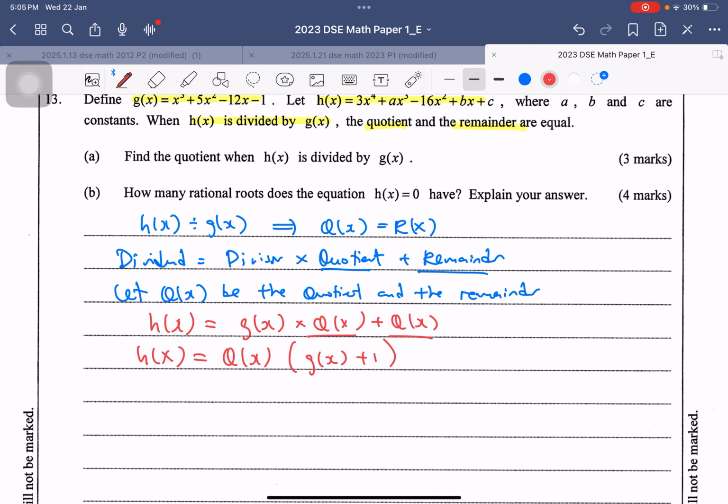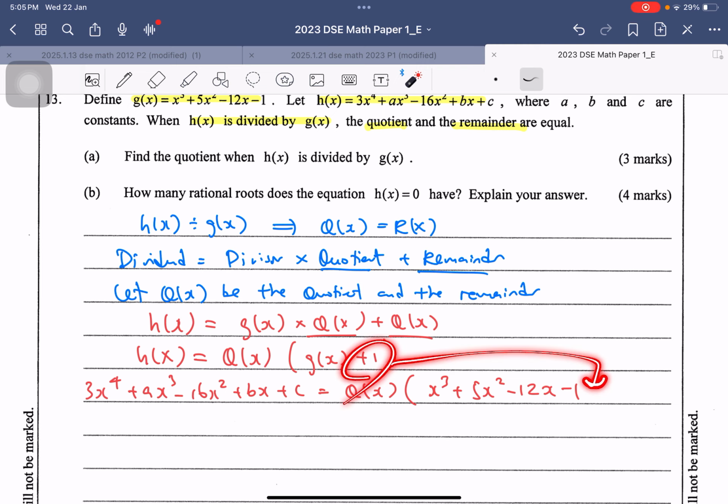Now we can put h(x) and g(x) back. Then we have h(x), which is 3x to the power 4 plus ax cubed minus 16x squared plus bx plus c, equal to q(x) times g(x), which is x cubed plus 5x squared minus 12x minus 1. But don't forget to put the plus 1 back as well.